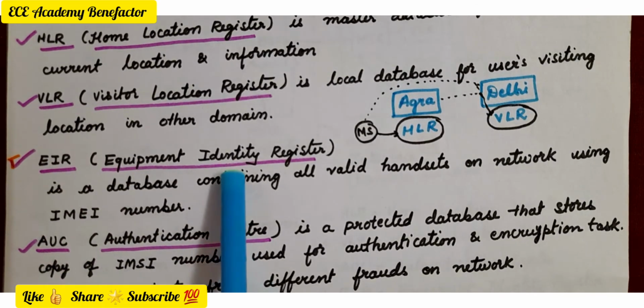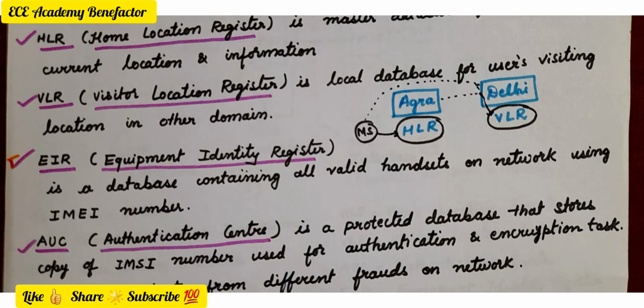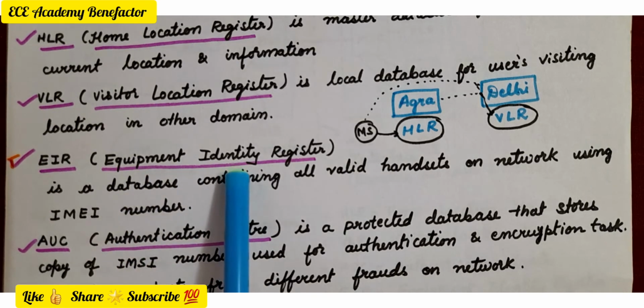EIR, Equipment Identity Register. It's a database containing all valid handsets on the network using IMEI numbers. So what happens? It's a database which is holding all the valid handset details. Equipment identity register. So how can we know the identity of an equipment or the mobile phone?